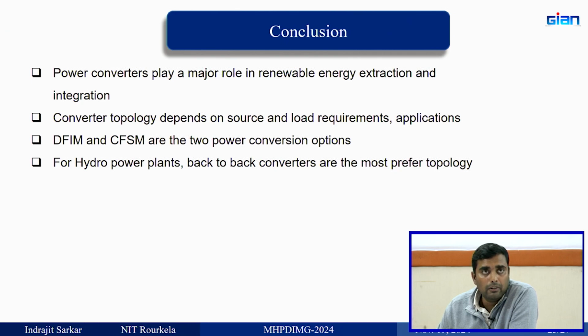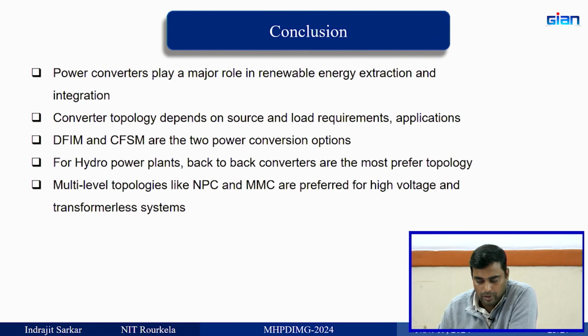And the back to back converter is one of the popular solutions, because if you have to connect to a DC grid, you connect a 3-phase AC to DC, and then subsequently use DC converters whether required or not. Multi-level converter topologies like NPC and MMC are preferred.